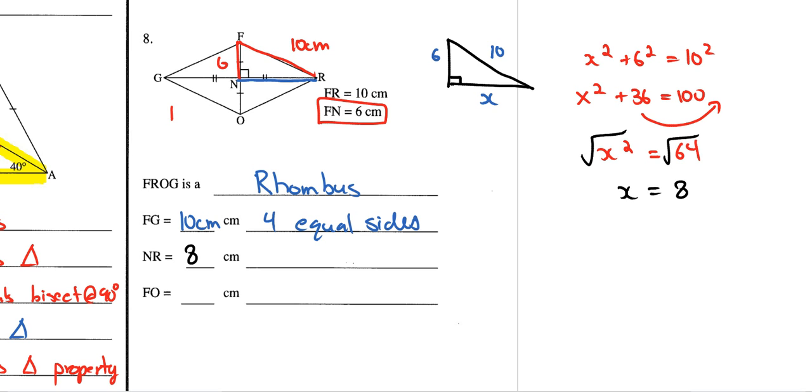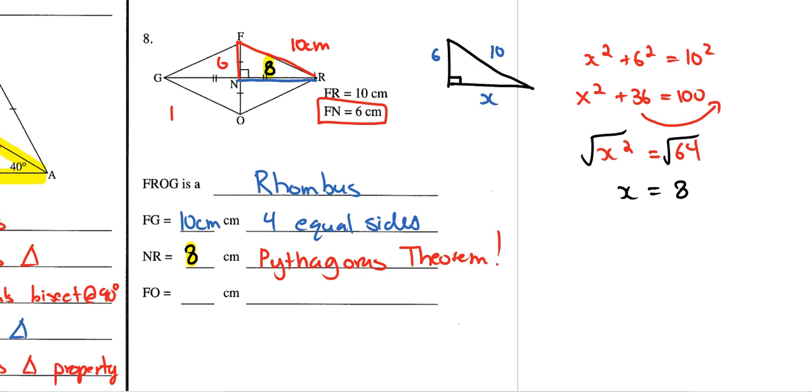So this is going to be 8 centimeters, and this is because of the Pythagorean theorem here. I believe that this theorem came up in a previous problem as well.